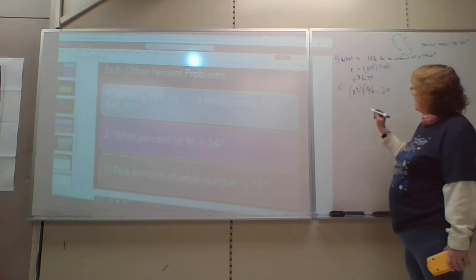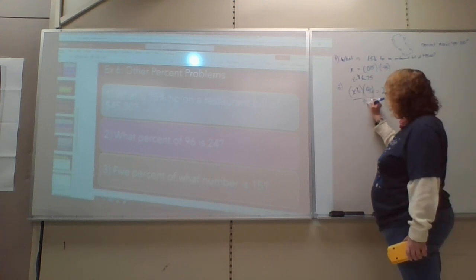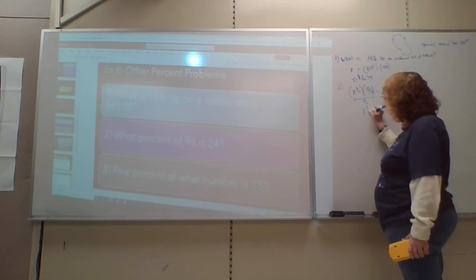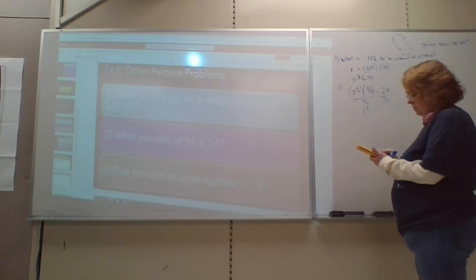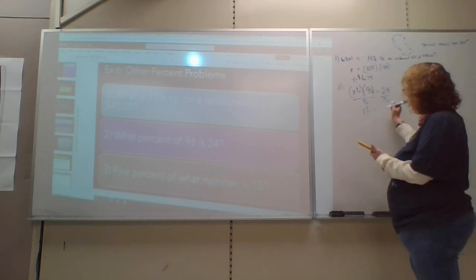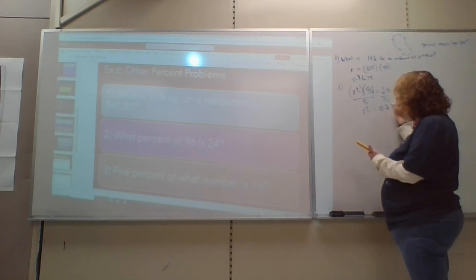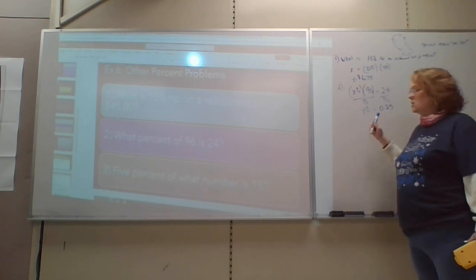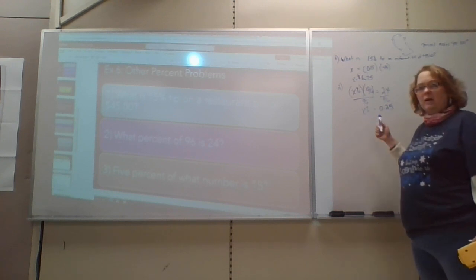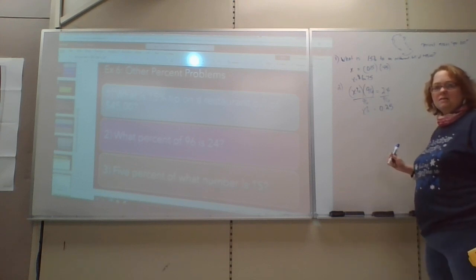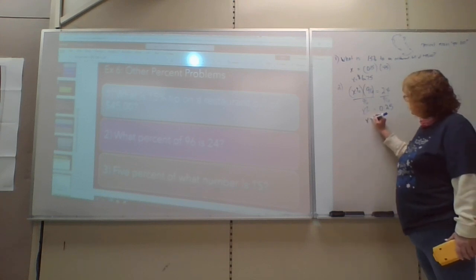Divide 96 on both sides. So X percent equals 24 divided by 96, and I get 0.25. I still need to get this as a percent, so let's change this decimal to a percent. What would 0.25 be as a percent? 25%.